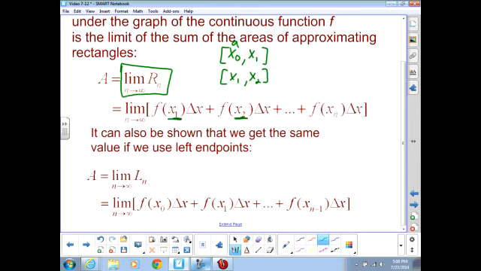But when you do left-hand endpoints, your first one will be x0, that a, and then your second one will be x1. And likewise, your last one will be x sub n minus 1. So if you're doing right-hand endpoints, your last right-hand endpoint is xn, which is the same as your b, the end of your interval. And x sub n minus 1 will be used when you're using left-hand endpoints.